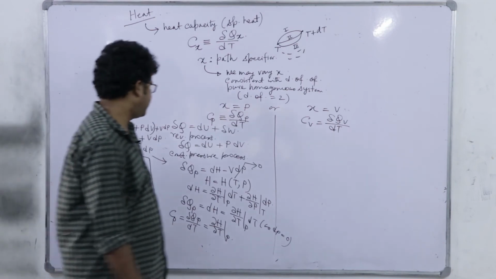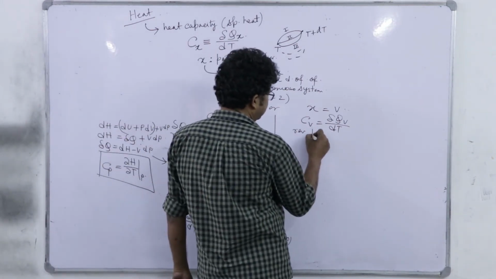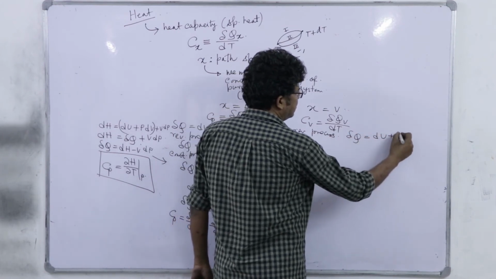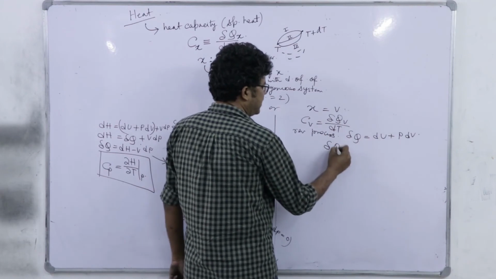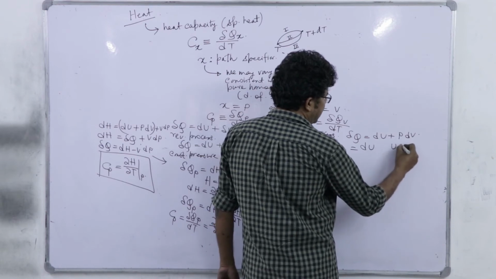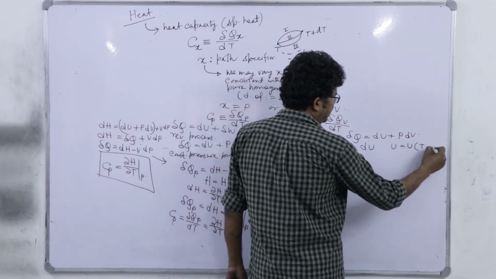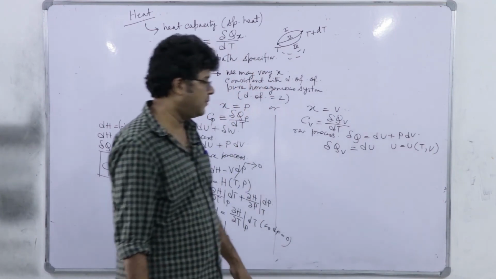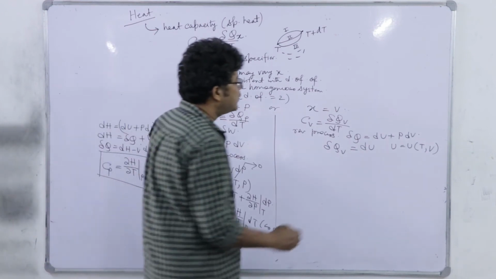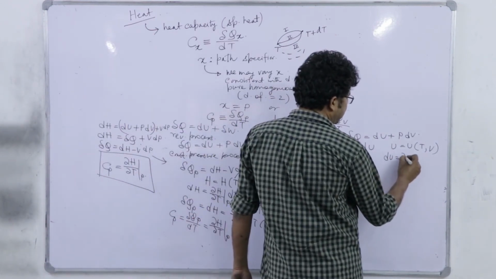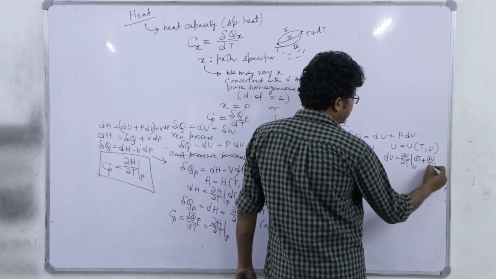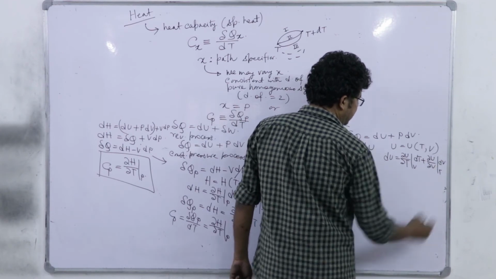Next, on this side, you see again for a reversible process, delQ is equal to dU plus PdV. So delQv is equal to dU, right? Again, here there are 2 degrees of freedom, so we take temperature and volume. Why, we will discuss. So dU is equal to (∂U/∂T) at constant V dT plus (∂U/∂V) at constant T dV.